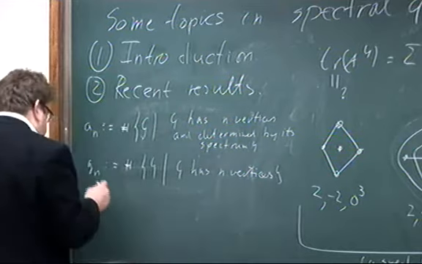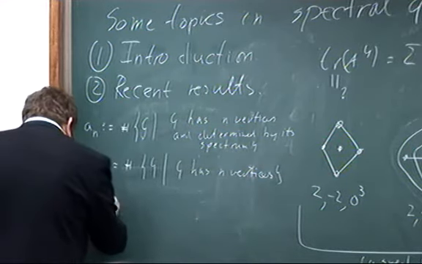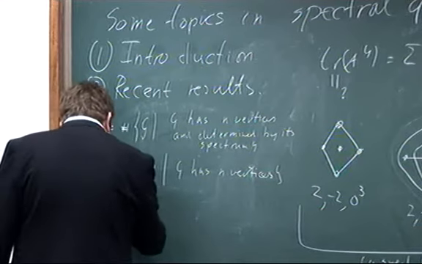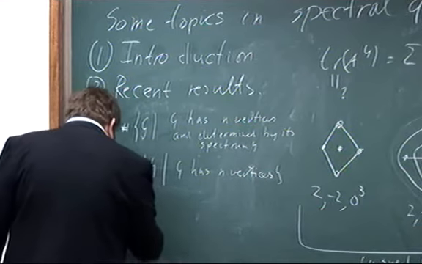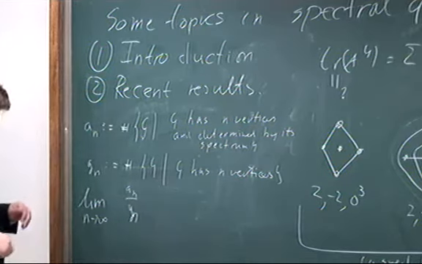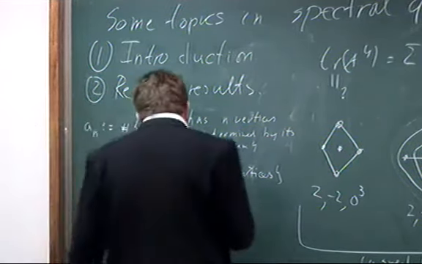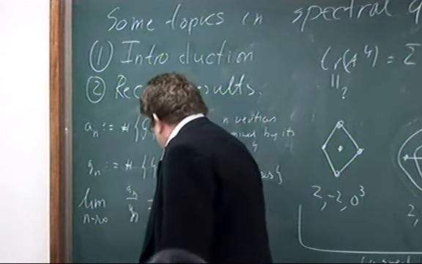Then you can ask, what is the limit, as n goes to infinity, of An over Cn? And I think it is still an open problem whether this is 1.